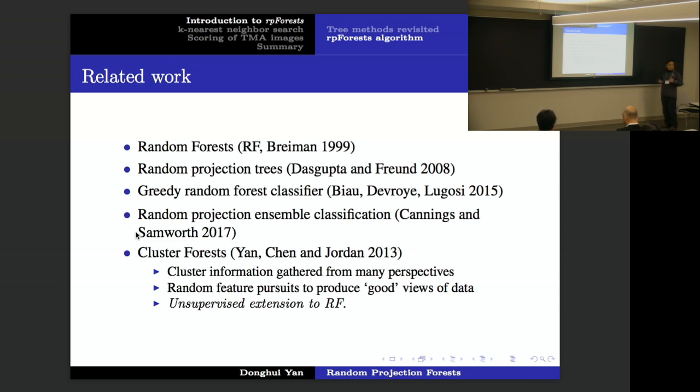Since this is at the math center, I want to mention another related work, which has deep roots in pure mathematics, called the Johnson-Lindenstrauss lemma. It says that if you have a very high dimensional data cloud and project it into a very low dimensional space, the separation is preserved with very high probability.